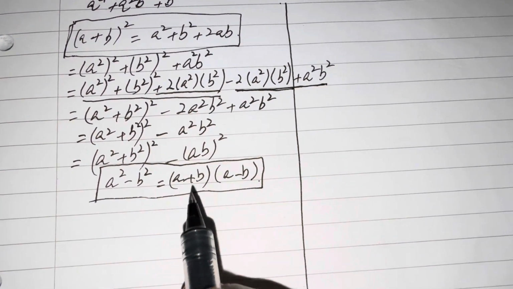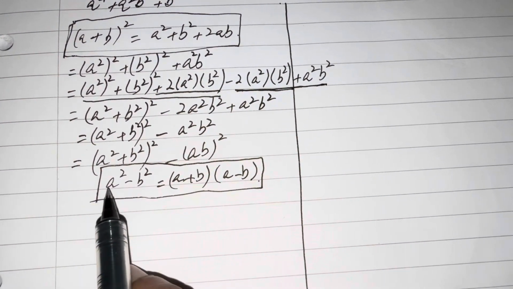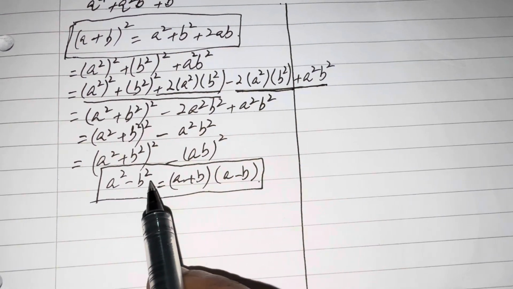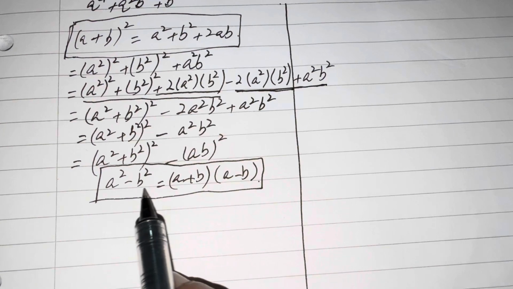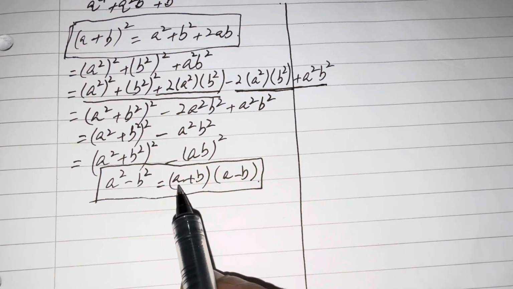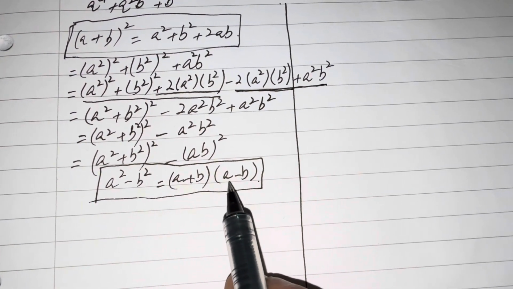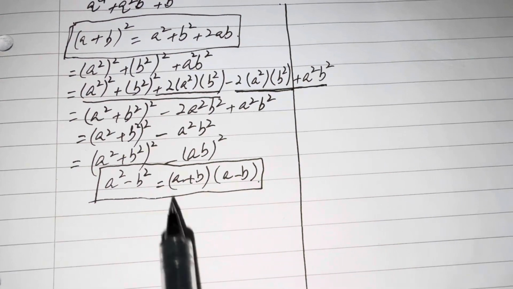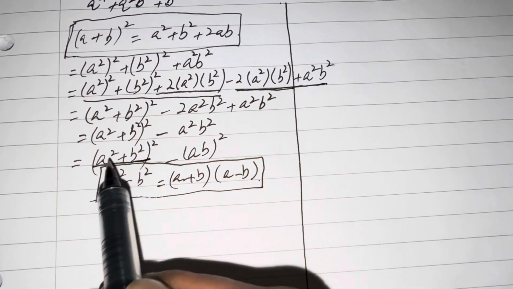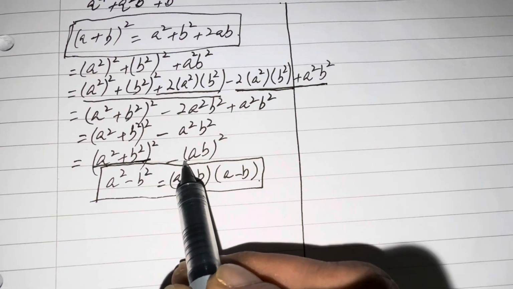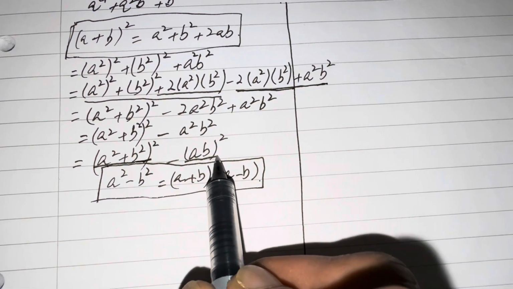So if you see the square of first minus square of second is given, then we can write this expression as first plus second into first minus second. So if you see this whole term is equal to a and this term is equal to b.